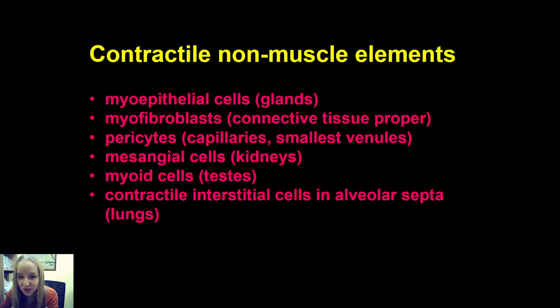And we also have some kind of contractile non-muscle elements, and these are very similar to smooth muscle cells. So we have these myoepithelial cells that are in glands, which are contracting, so you can release the secretion of the gland.